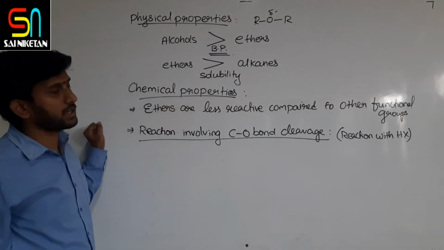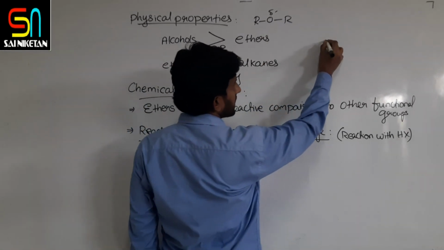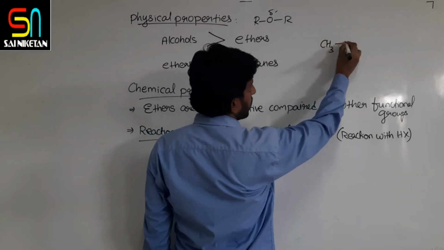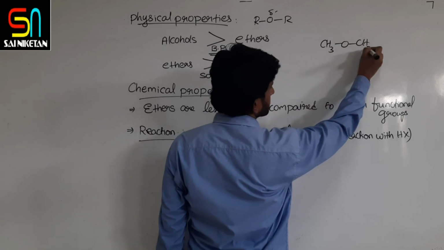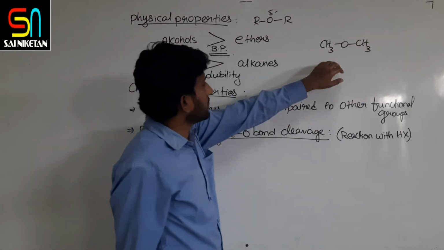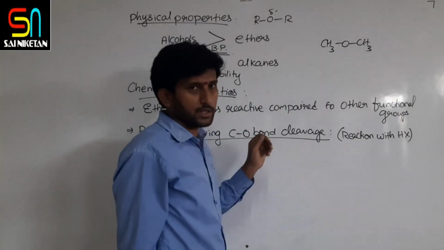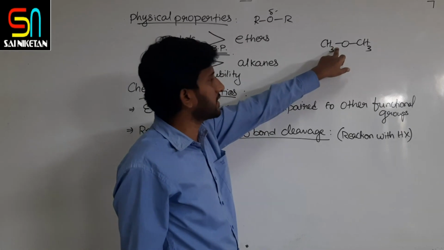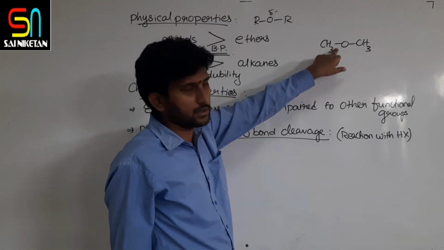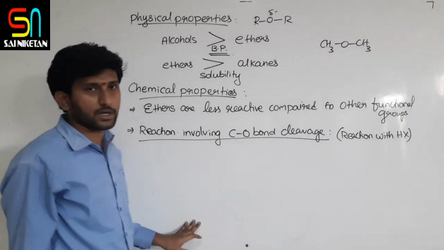Now why are ethers less reactive? The main reason is, if you write here like this, CH3OCH3, you know that hyperconjugation of hydrogens is involved. That means there is a chance of a double bonded character in this. So the oxygen carbon bond is somewhat stronger.